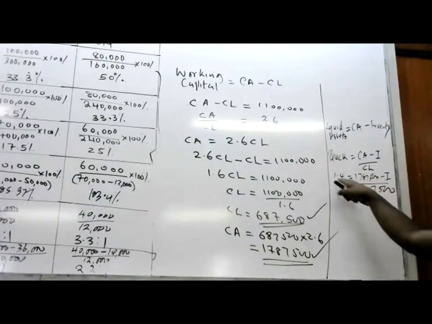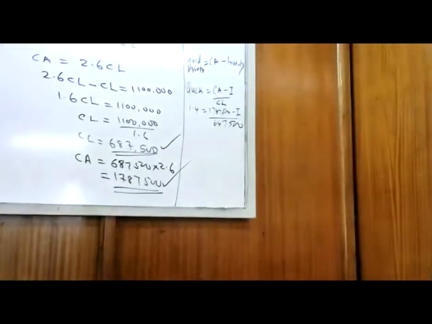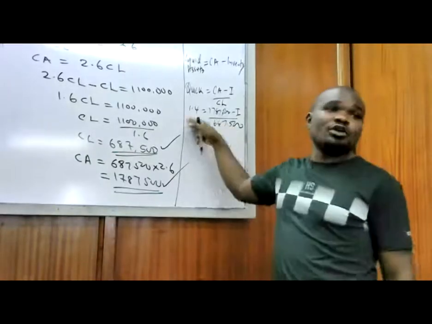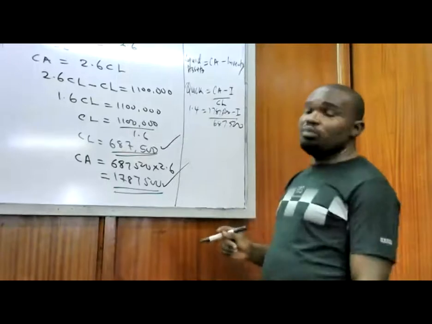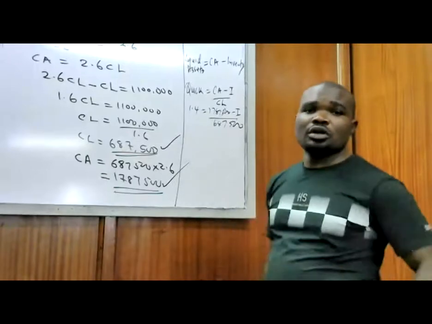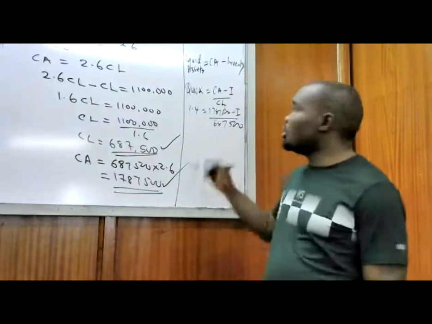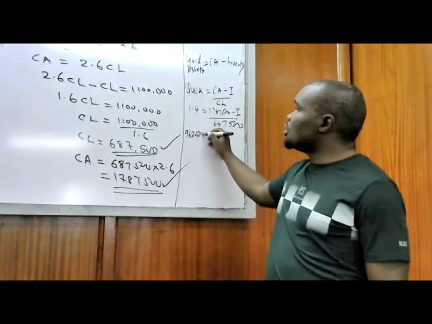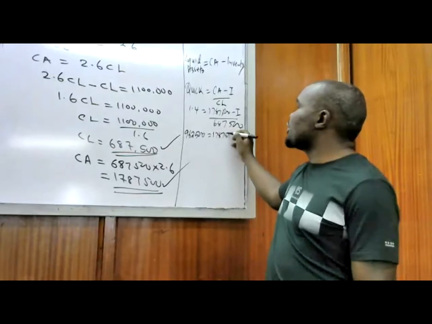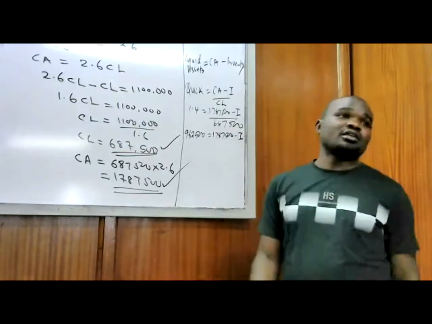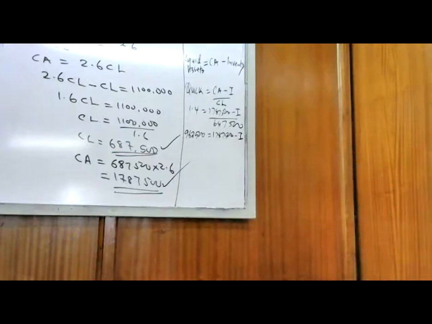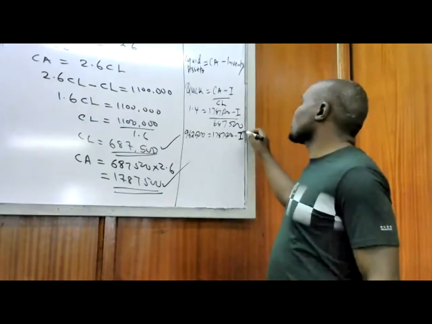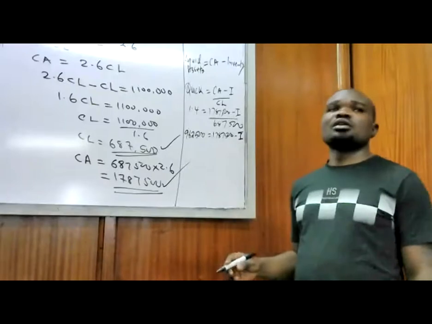So cross multiply this times 1.4. What do you get? That times 1.4 is 962,500, which is equals to 1,787,500 minus I. So can you get I from there?